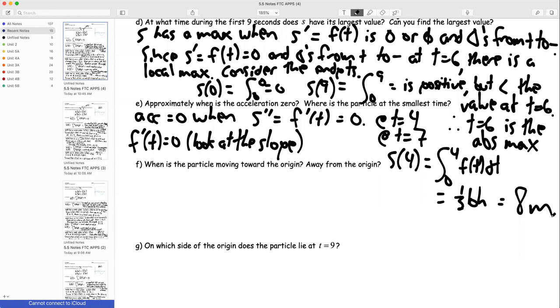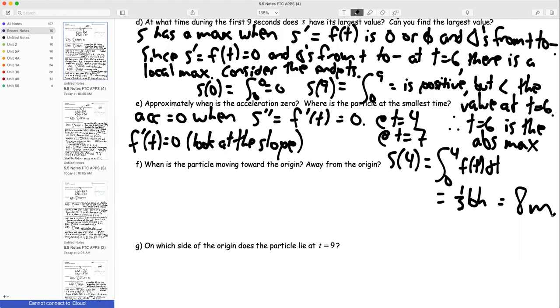All right, part F. When is the particle moving toward the origin and when is it moving away from the origin? Okay, so which of these three things, position, velocity, or acceleration, would I use to determine this? It's going to be the velocity. However, there's something else that is relevant.